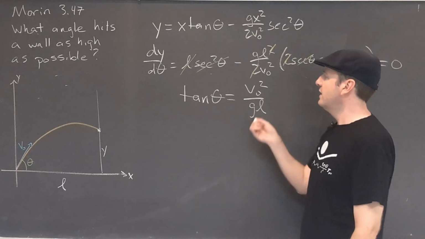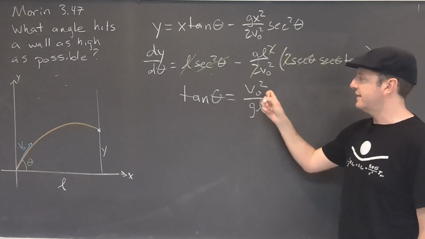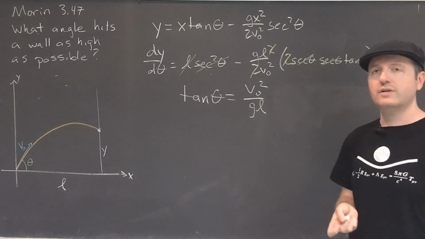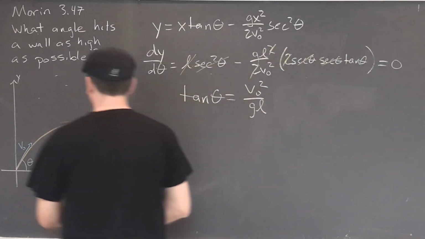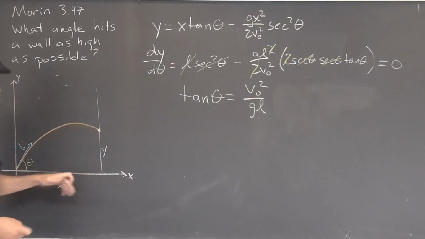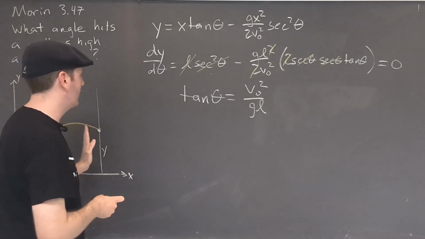But first off, notice that this quantity, v naught squared over gL, does have a constraint. And the constraint comes from the fact that if I want to hit the wall at all, the wall can't be further away than the maximum range.